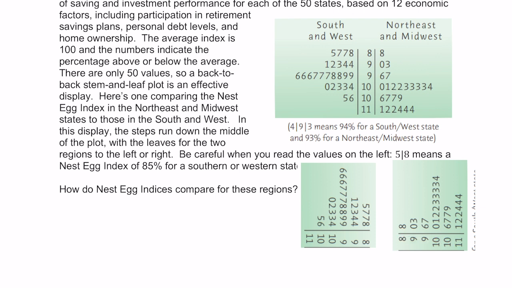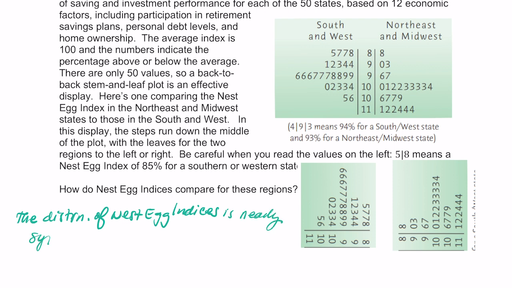So the shape of the Northeast and Midwest is not symmetric. I can't fold, and it's not the same approximately on both sides. This is more skewed to the left, okay? It kind of trails off on the left side. So we can say something like, when we're comparing the shapes, the distribution of nest egg indices is nearly symmetric for the south and west regions.